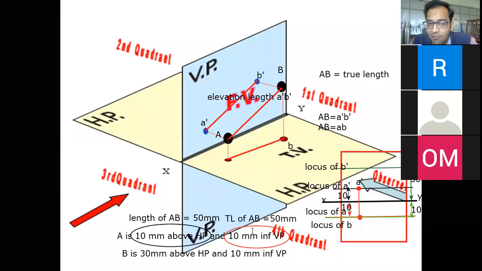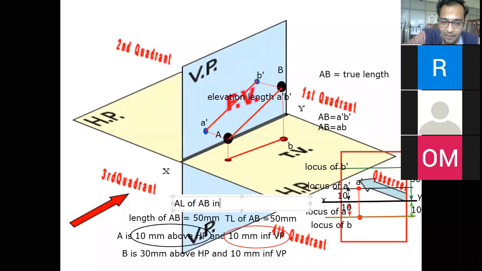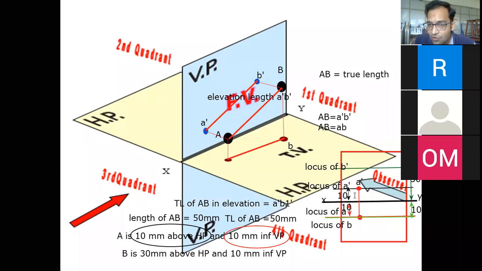And if I am projecting the true length of AB in elevation, it is going to be called A dash B1 dash. You have to keep this in mind. Whenever a true length is presented in elevation, it is going to be called A dash B1 dash. So from A dash, I'll be dropping an arc. I am dropping an arc here from A dash.